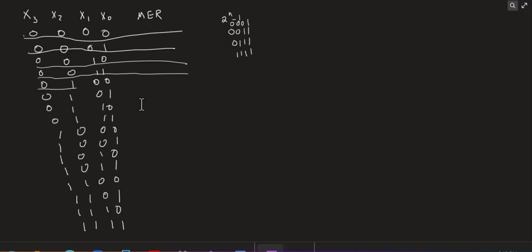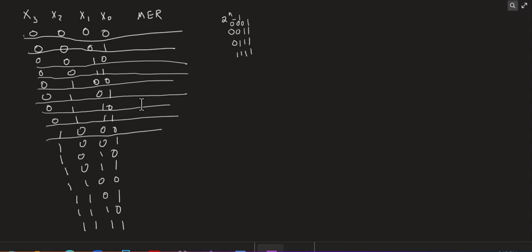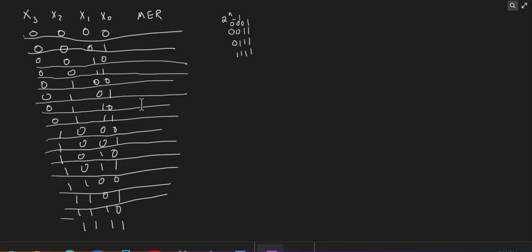My handwriting is terrible, so just make sure you stop me if you can't read something that I've written. These are just the binary numbers from 0 to 15. And you should get that 0001 is a Mersenne number, 0011 is a Mersenne number, 0111 is a Mersenne number, and 1111 is a Mersenne number.